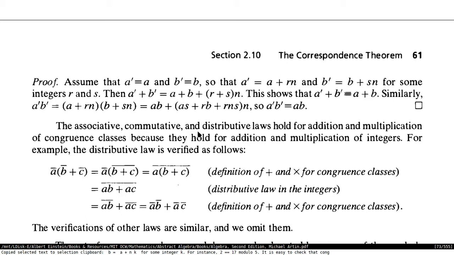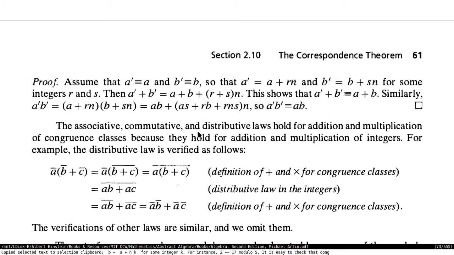So we do this with contradiction. Not really. You assume that a prime is congruent to a and b prime is congruent to b, such that a prime can be written as a plus rn. And this is because a prime is congruent to a mod n, so a prime can be written as a plus some multiple of n.